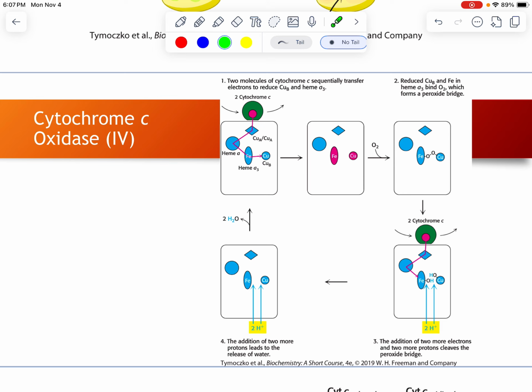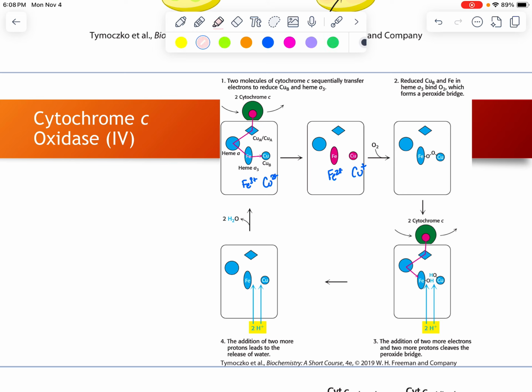These were originally, in the blue, the oxidized phase, so Fe3+ and Cu2+. But now over here on the right, they're in the reduced form, Fe2+ and Cu+. The ones shown in pink are in the reduced form. So now each has an extra electron that can be donated.